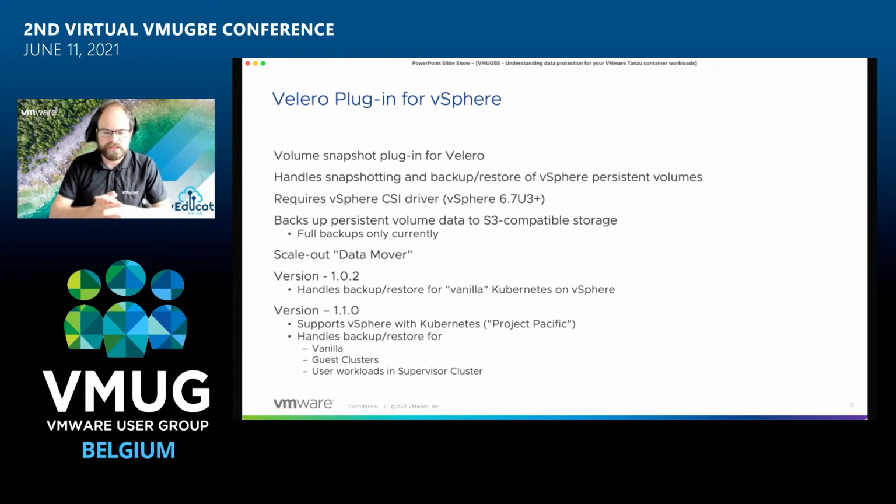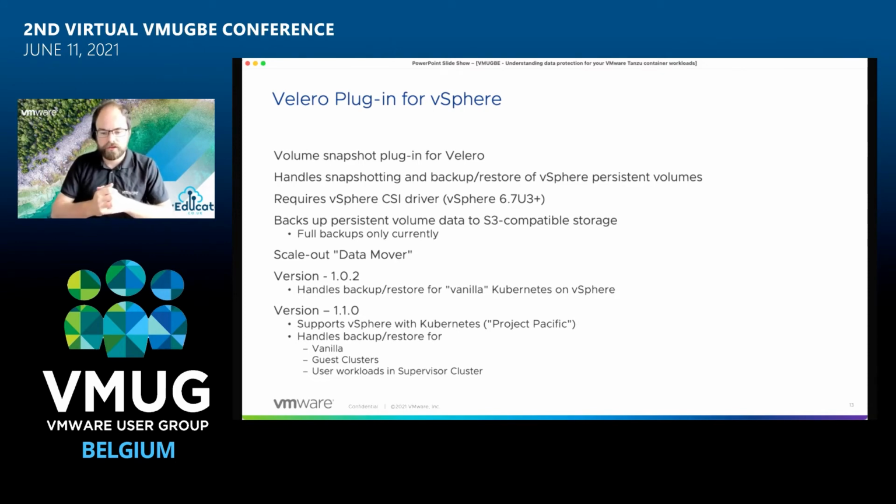And in our versions here, we've essentially two major milestones today. Our first major milestone was 1.0.2, which handles backup and restore of vanilla Kubernetes on vSphere, so that was bring your own Kubernetes environment. From 1.1.0, of course, we made that big push for Project Pacific, which is now vSphere with Tanzu. So that's having Tanzu Kubernetes Grid native inside of your vSphere cluster.